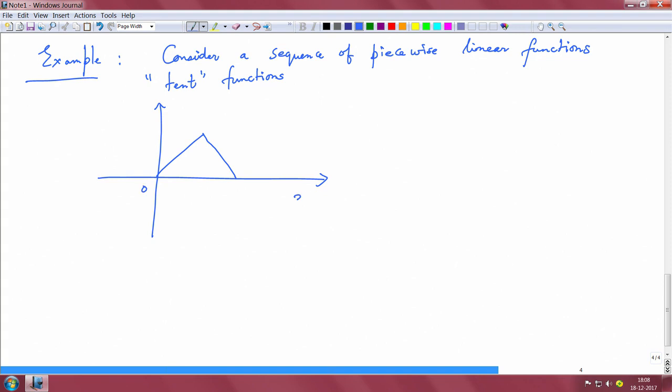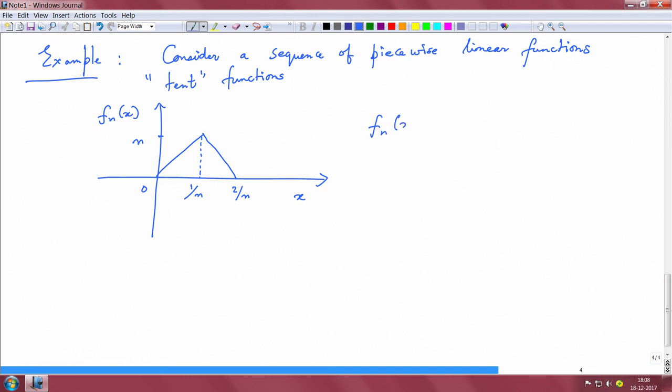So this is x, this is, you can call a triangular function or a tent function because it looks like a tent here. This is 1 upon n, this is 2 upon n, and this is f_n of x, and it is piecewise linear. As you can observe, there is an up ramp and there is a down ramp.